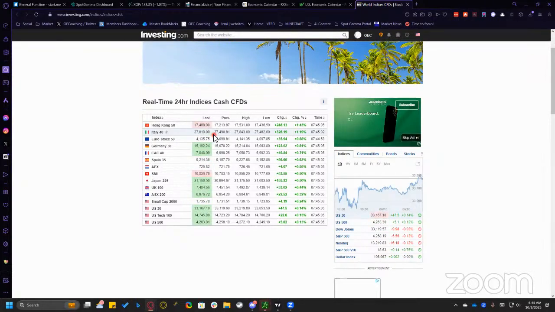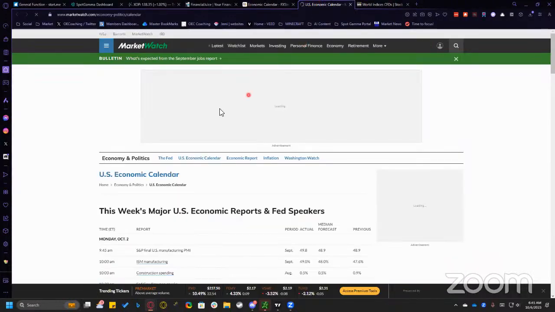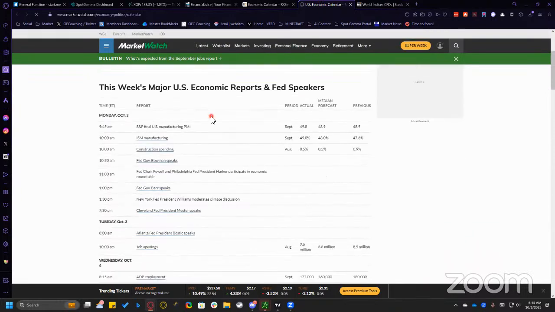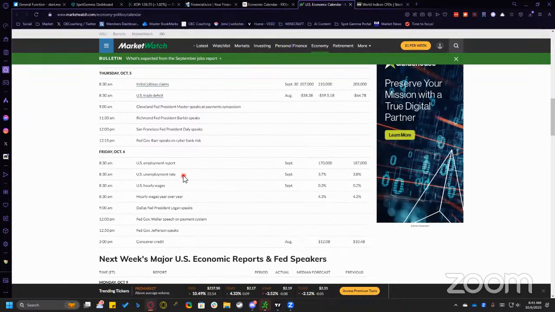So if we get bad news today on the job numbers, the market's very likely going to shoot to the upside. And if the unemployment comes in the other way, then we're very likely going to head to the downside. It is the biggest thing on the table today, but it's not the only thing on the table today. Consumer credit at 3 o'clock.